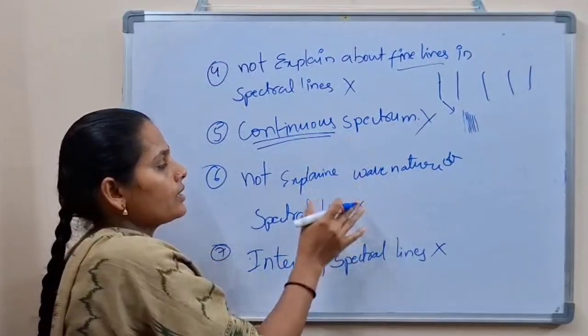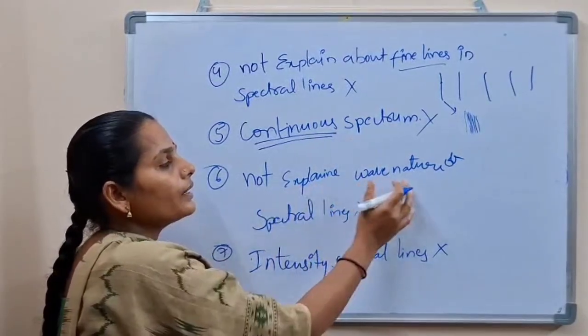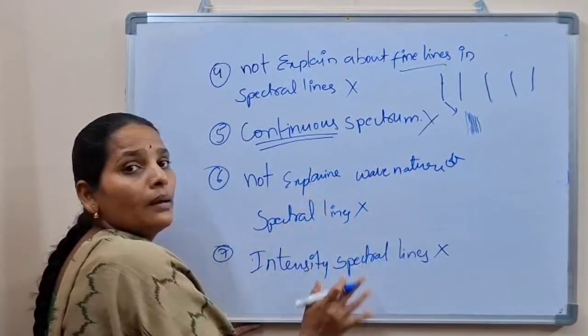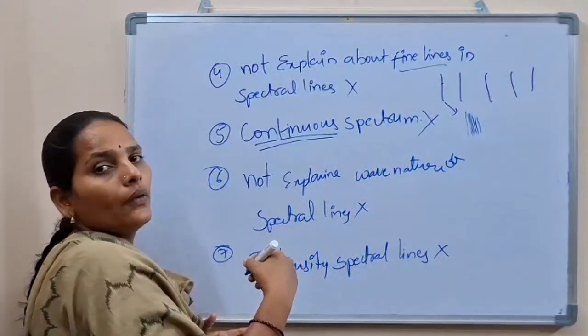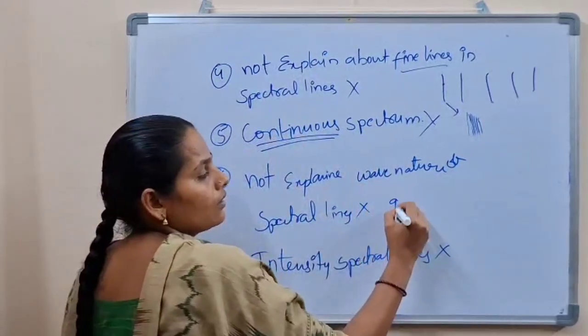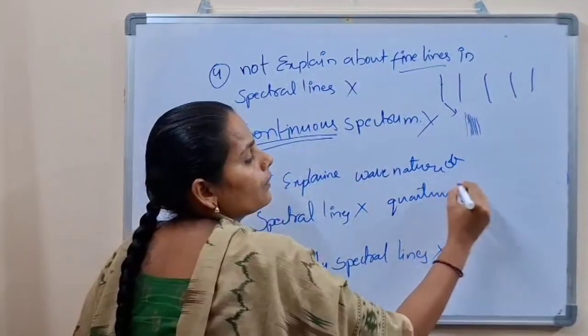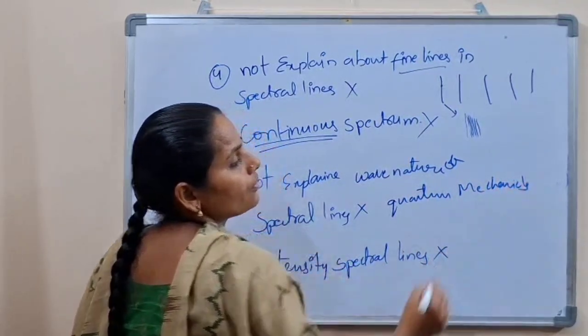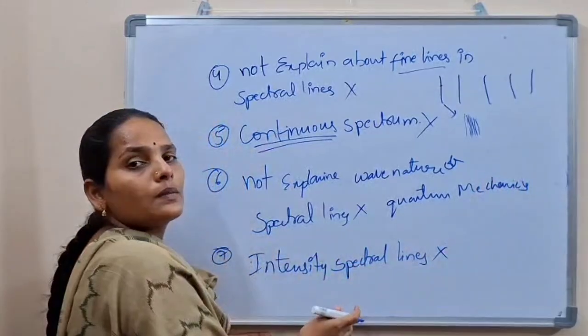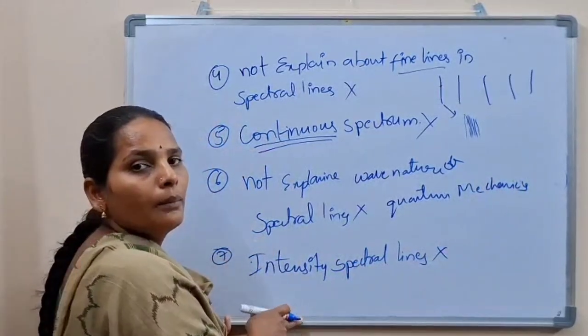Next, it did not explain the wave nature of the spectral lines. By explaining the wave nature, we can see the quantum mechanics of the atom. Quantum mechanics of the atom was not explained by Bohr's atomic model.